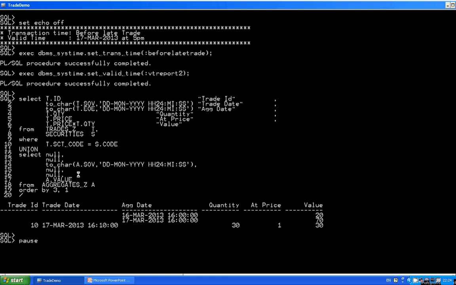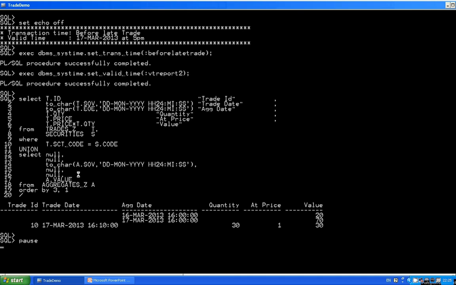If we now go to a transaction time before we did the late trade, but at a point in valid time report 2, you'll see that before we did the late trade we had 2 aggregates. The aggregate value was correct at 70.